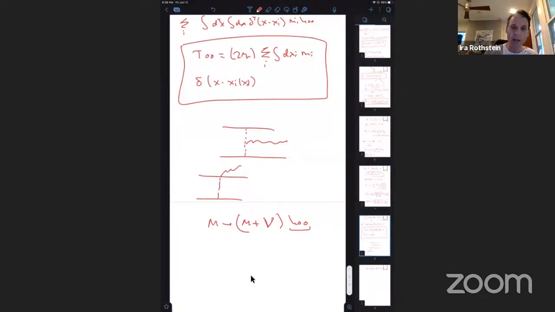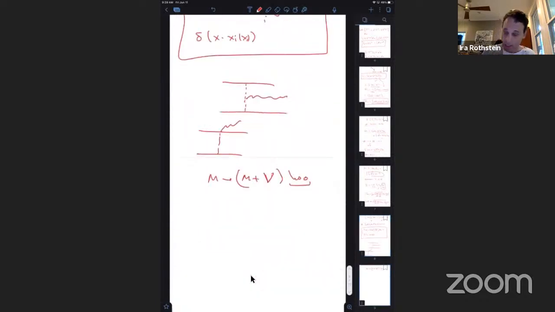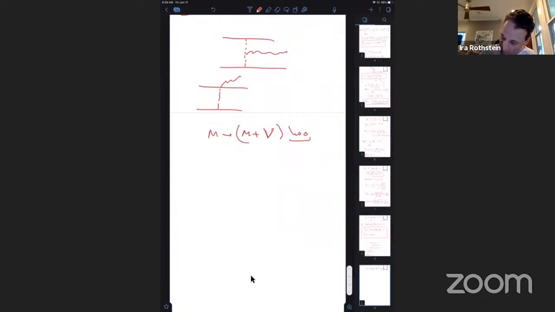Okay, so you could go on and calculate pretty much anything you wanted in this way, higher orders in the multipole moments. And once we know the Q's, so in this case, the Q is, we just said Q_ij, then we could calculate the energy loss by taking the imaginary part of this diagram, where there's an insertion of Q here, and there's an insertion of Q here.